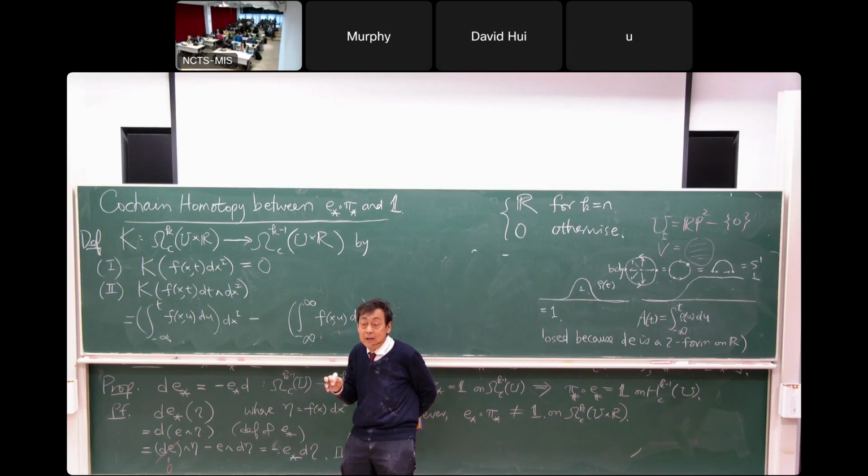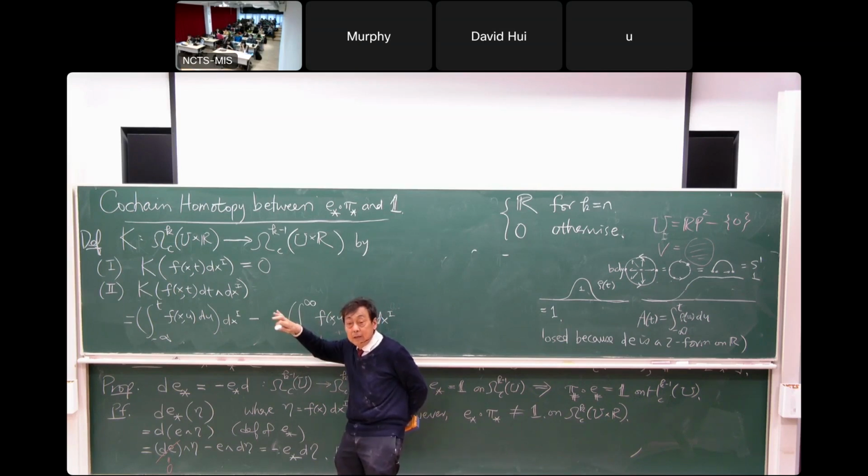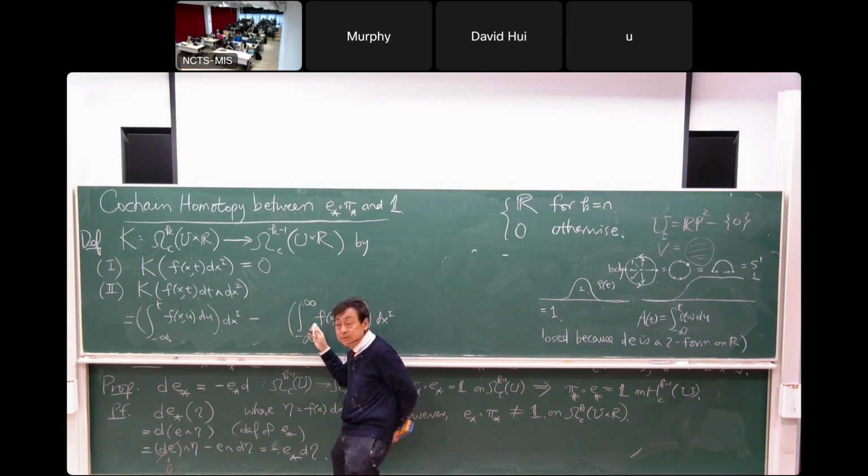Okay. How can you achieve that? Well, the way to achieve that is that you multiply this by a function that is 1 at infinity and 0 at minus infinity. So that at minus infinity, this will disappear. And at infinity, you'll get this whole thing.